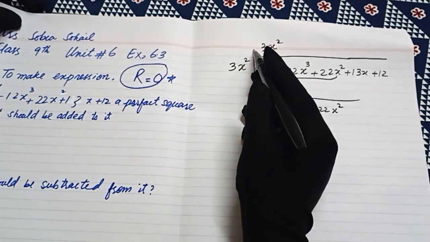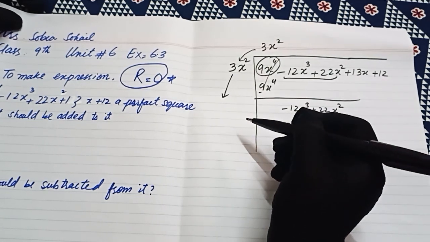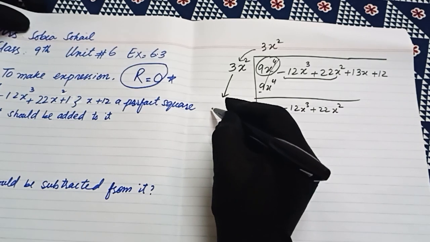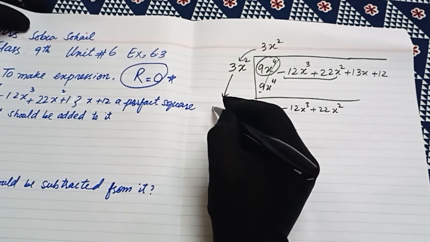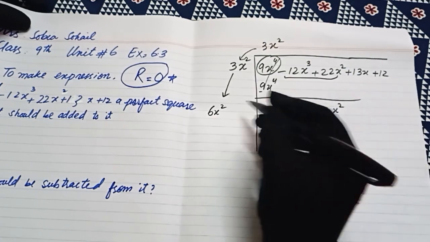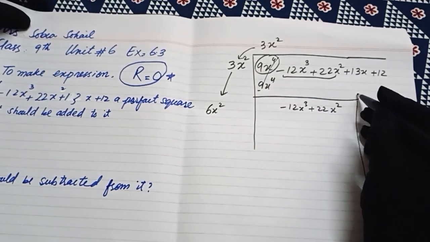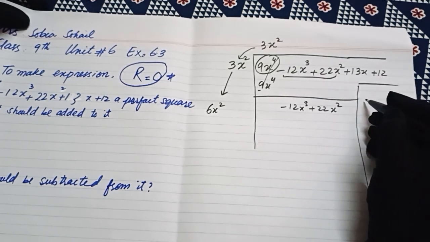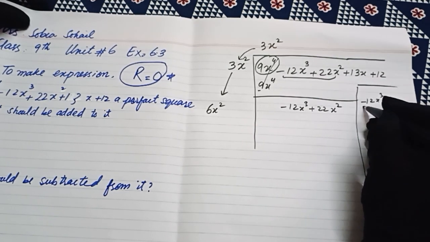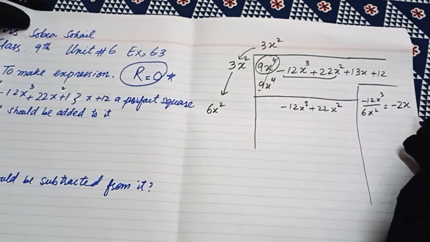Now add up these two to write down the first term of the second step, the divisor: 3 plus 3, 6x^2. Now divide the first term by this first term: minus 12x^3 divided by 6x^2, which leaves minus 2x.